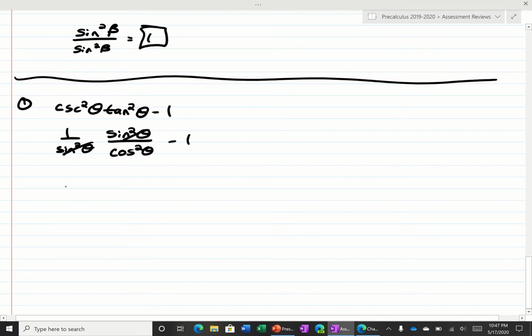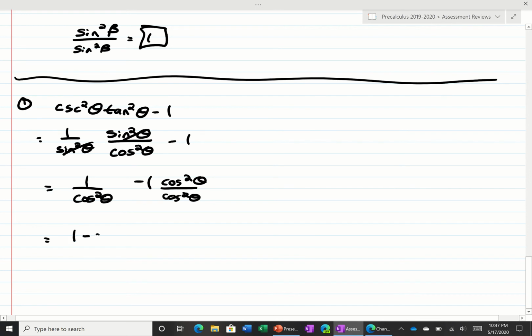These cancel, and we just have 1 over cosine squared minus 1. So let's keep it just as 1 over cosine squared. We'll get a common denominator, and we get 1 minus cosine squared of theta over cosine squared of theta.